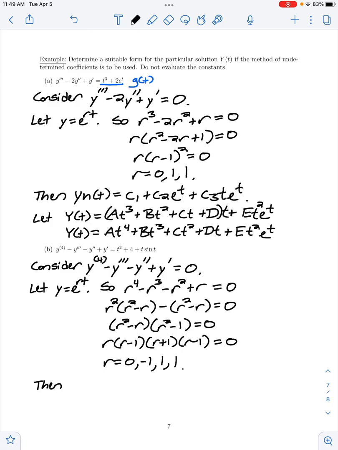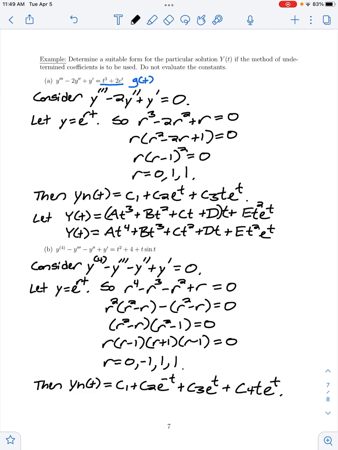So for my homogeneous solution, I have C1 plus C2 times e to the negative t plus C3 e to the t plus C4 t e to the t.